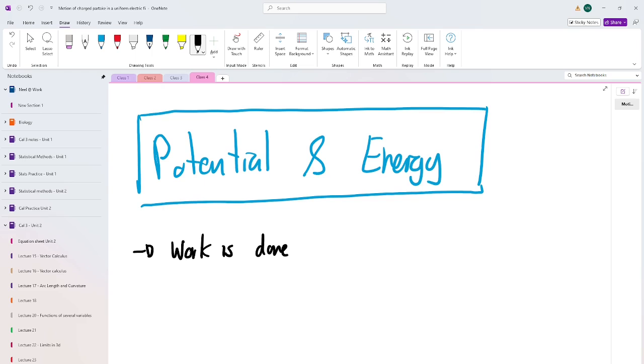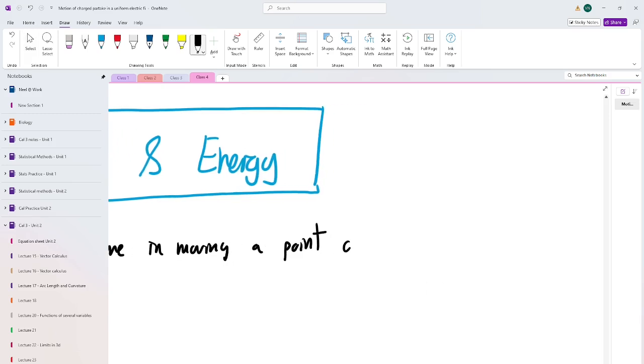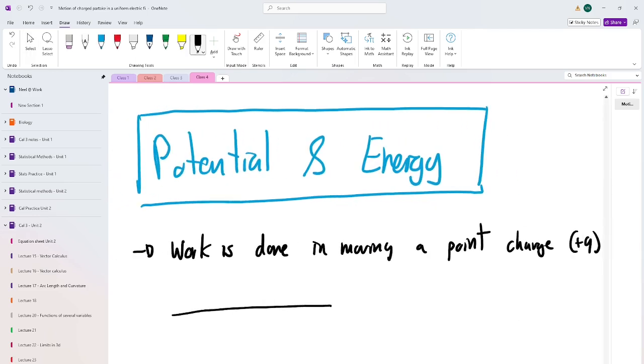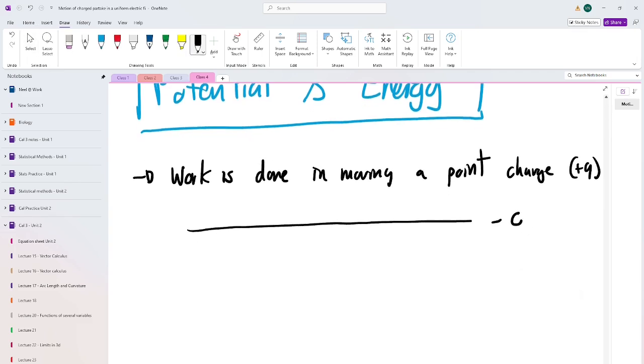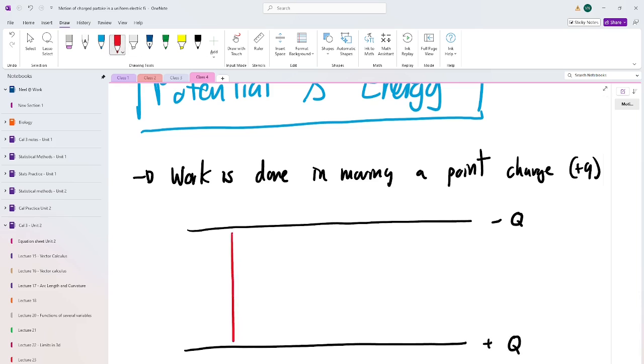So work is done in moving a point charge from Y1 to Y2. So this is minus Q. This is plus Q. And then we would have our E field going something like that.